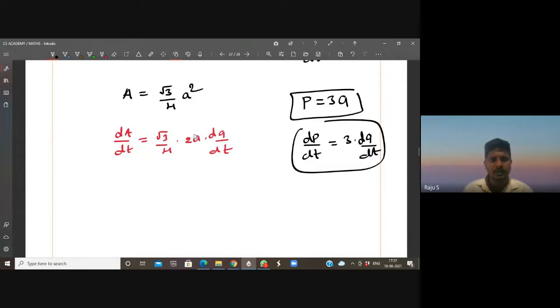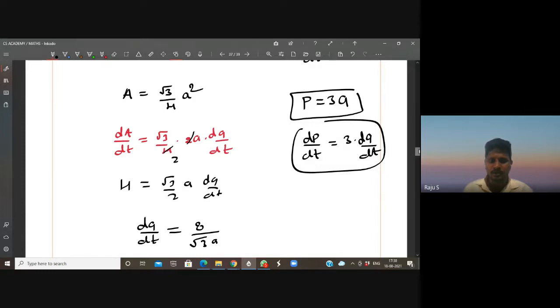We have 4, they have given. So 4 is equal to root 3 by 2 into a into da by dt. From this, da by dt, you can cross multiply: 8 by root 3a.